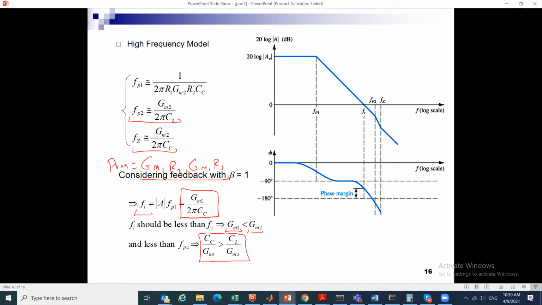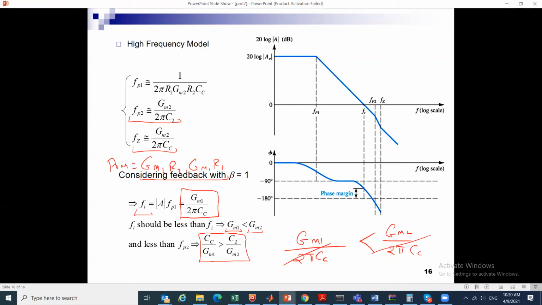This is pure math: I put the equation for ft, which is gm1 over 2 pi Cc. I'm requiring that it be smaller than fz, for example, which is gm2 over 2 pi Cc, and I can cancel this and get the required condition.